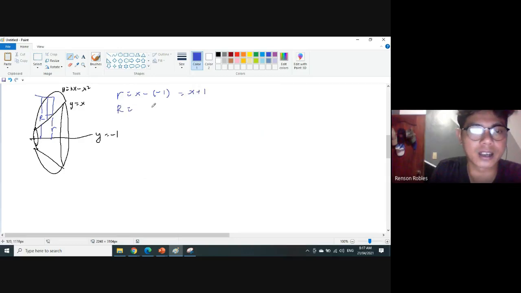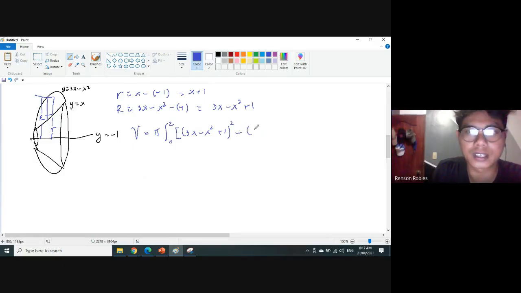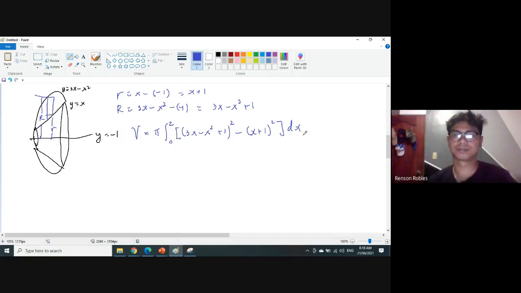What is your capital R? 3x minus x squared minus -1. So that's 3x minus x squared plus 1. And then volume equals pi, 0 to 2, capital R squared minus small r squared, so the integrand is (3x minus x squared plus 1) squared minus (x plus 1) squared, dx. Okay? Yeah. Sige, try natin.